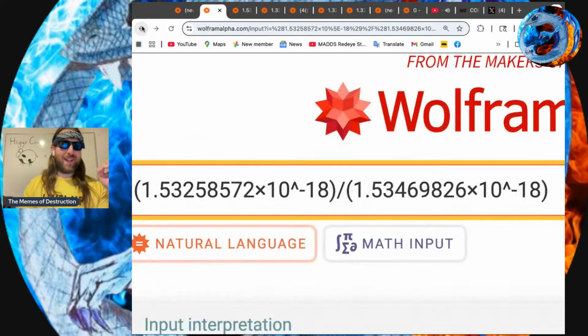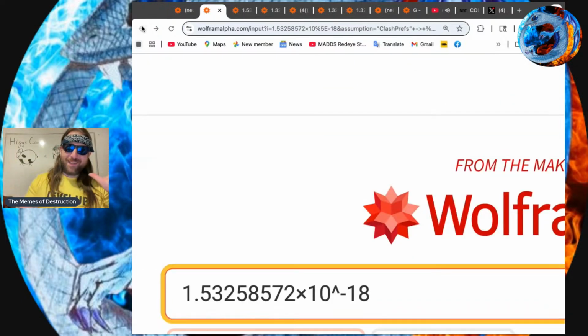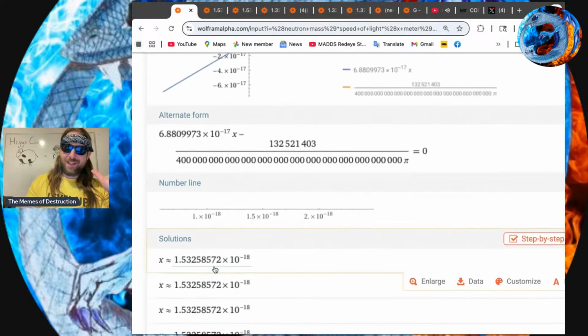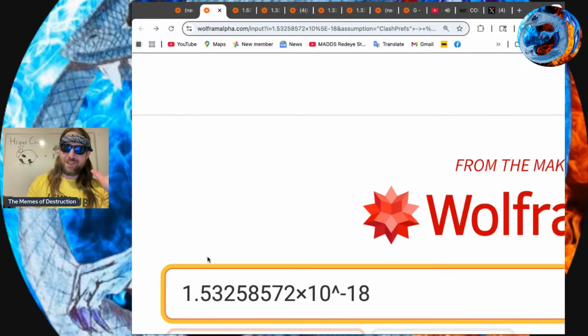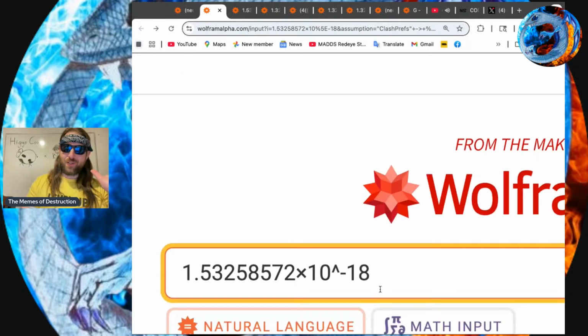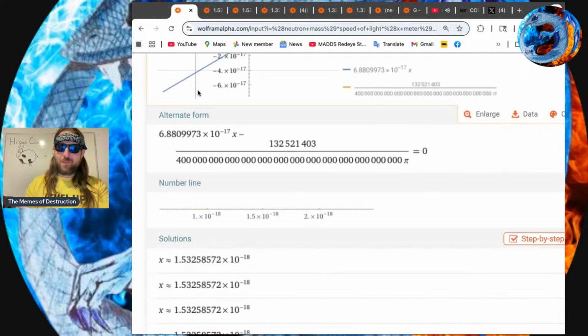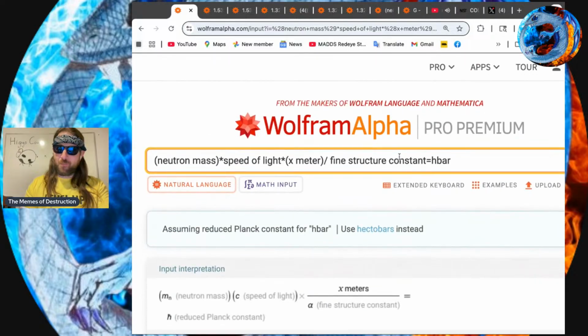Okay, let's go through it. Let's simplify this down to something much neater. Okay, last digit 72. Last digit 72. So this is the neutron classical charge thing. All right. So let's take the same equation that we had up there, and plug this in.